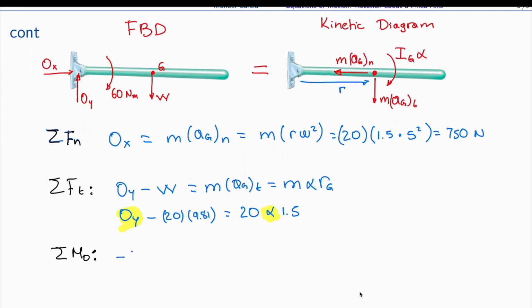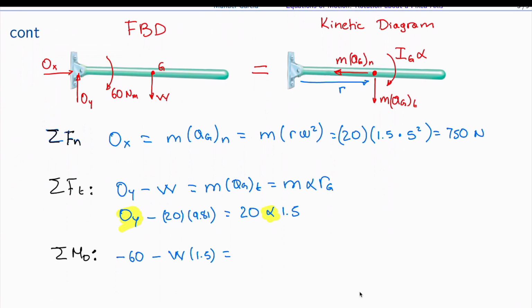So this is minus 60 because it's negative because it's going towards the paper, towards the screen, and minus the moment of the weight, so it's also in the direction of the screen. So that's W multiplied by R, which is 1.5.